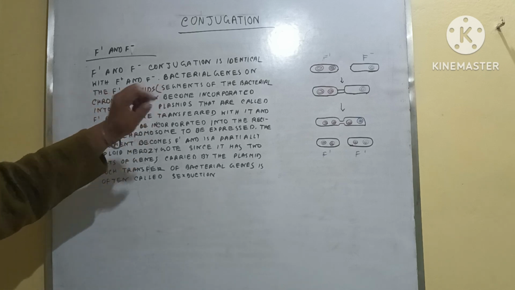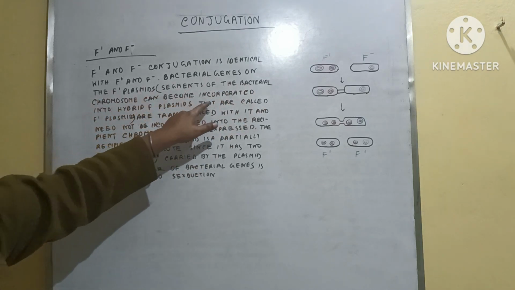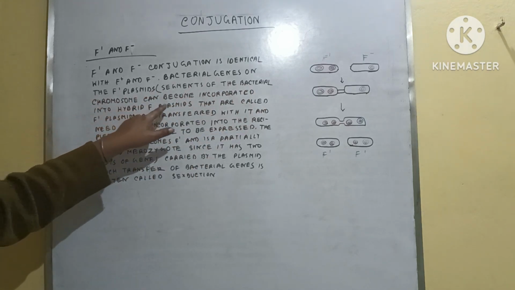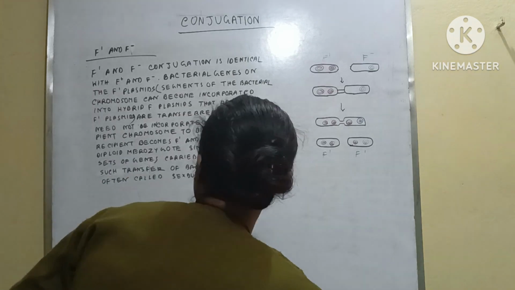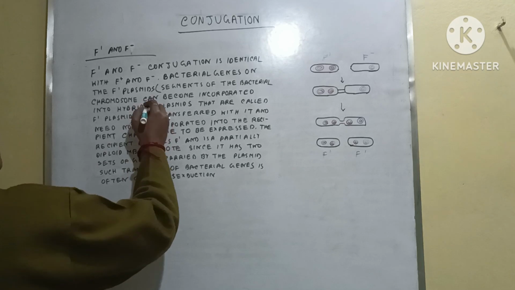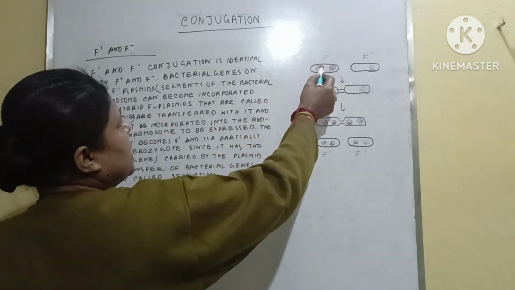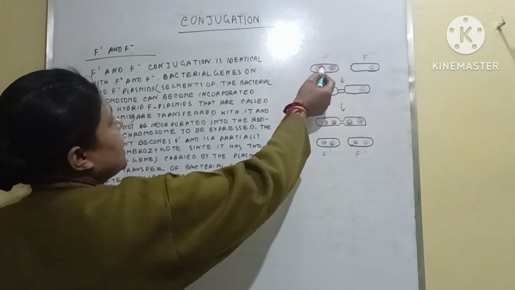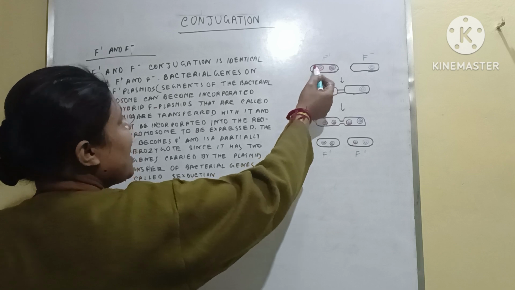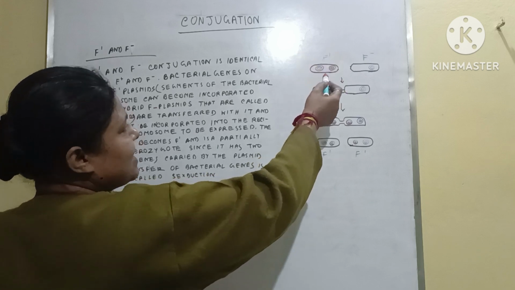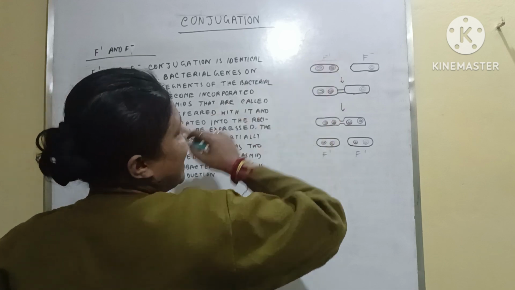And what is the F dash plasmid? Segments of the bacterial chromosome can become incorporated into the hybrid F plasmids that are called F dash plasmids. So here I explained that the recombinant DNA with the bacterial chromosome and the F plasmid factor, this bacteria is called F dash.